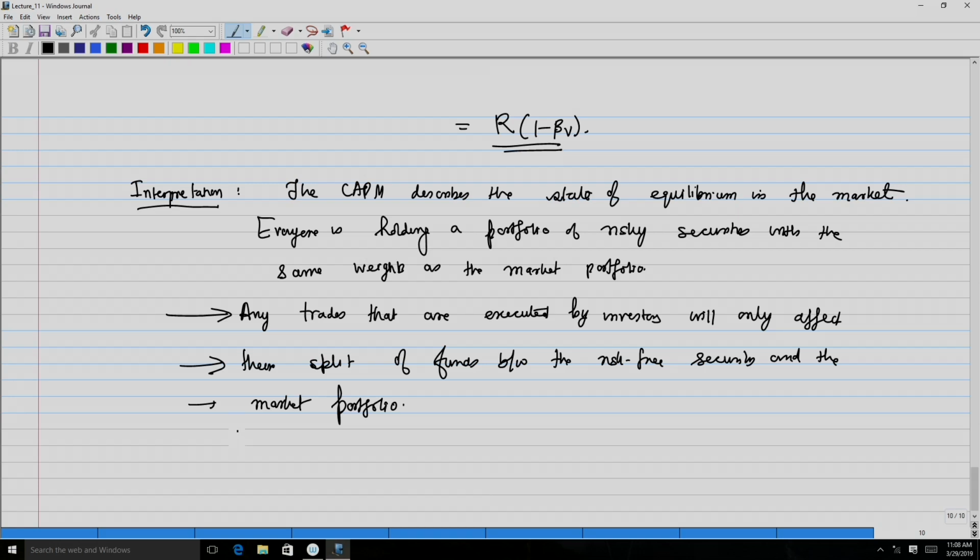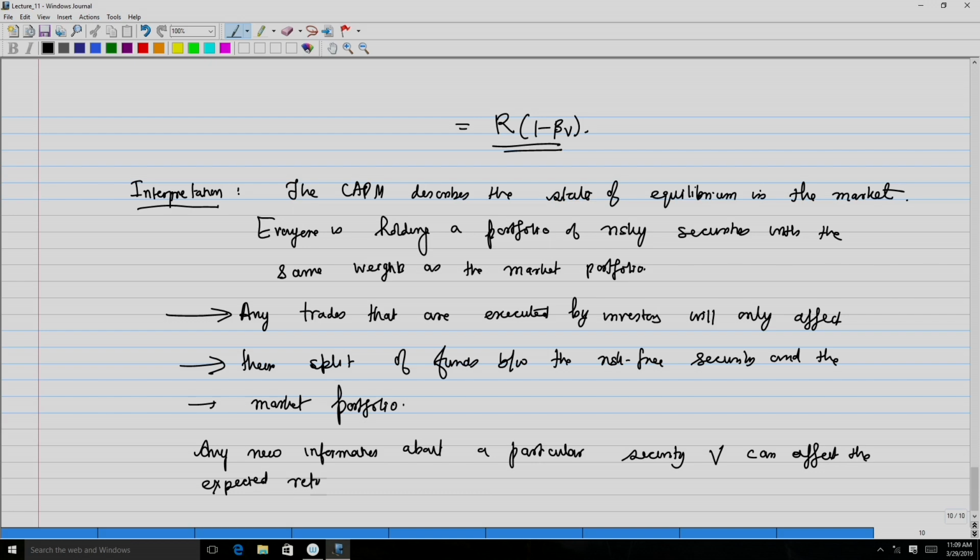And so, as a consequence of this, any new information about a particular security V, so that means the portfolio V might just comprise of only one security, can affect the expected return mu V or the beta factor beta V. So that as a consequence, the CAPM formula that we have derived does not hold anymore.